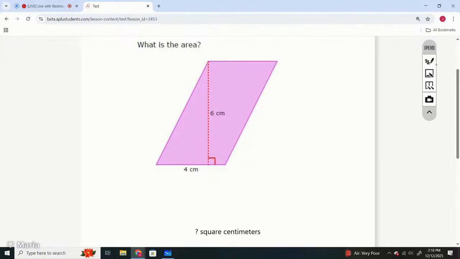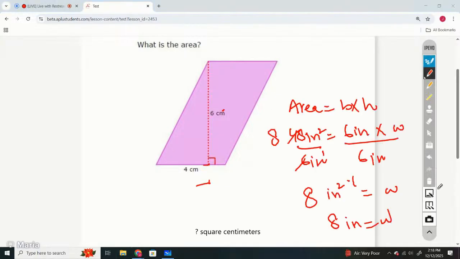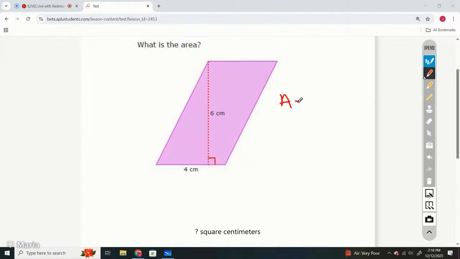We need to find the area of the parallelogram. So area of the parallelogram is base times height, right? So we have to do 4 times 6. Both of them have the unit centimeter. So 6 times 4 is 24. The units are the same, so we need to write it as 24 centimeter square.